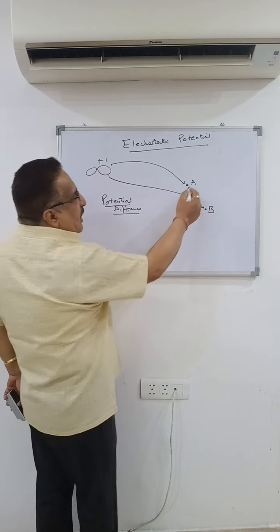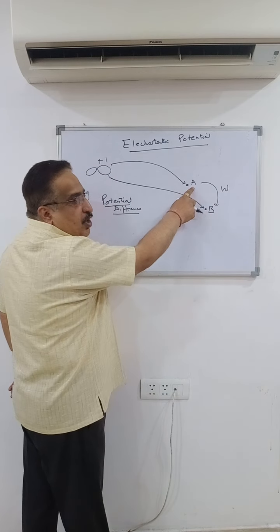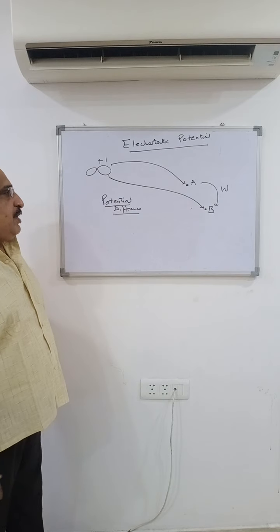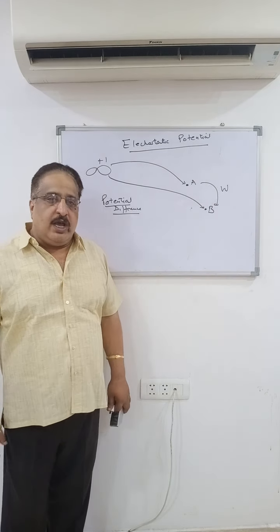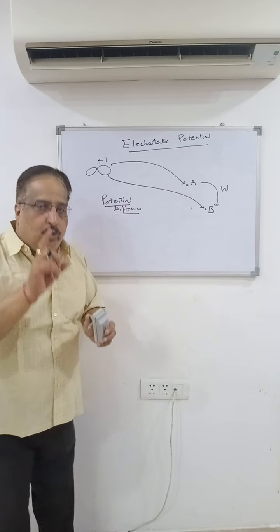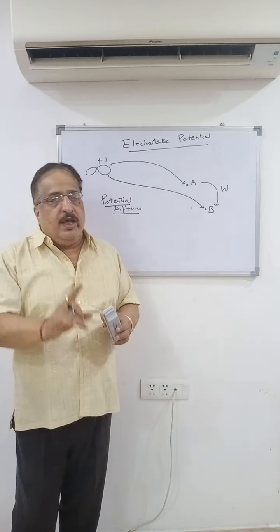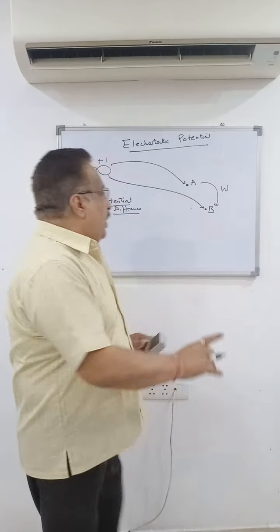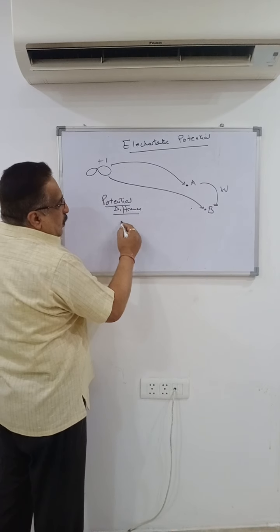It can be defined as the work done in moving a unit positive charge from A to B. What is potential difference? Potential difference between 2 points can be defined as the work done in moving a unit positive charge from one point to the other. It is also denoted by V.